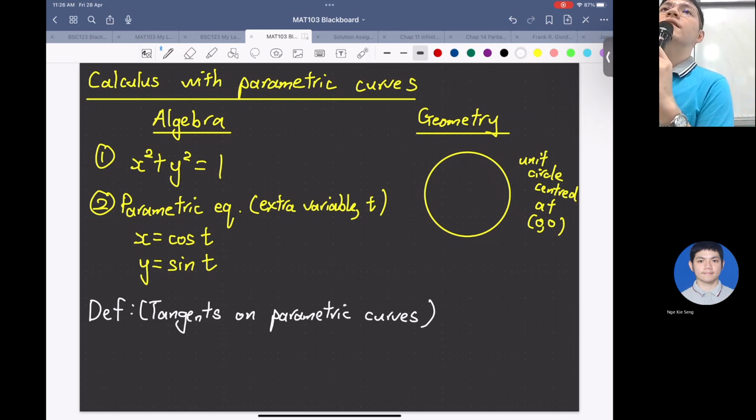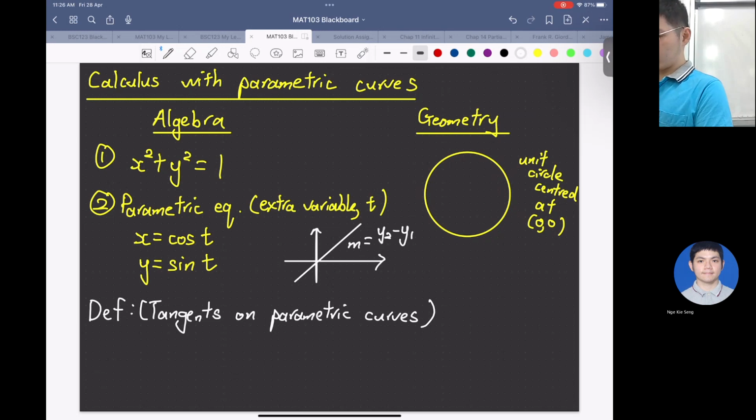The tangent of a straight line should be easy. It's just the gradient. When you take any two points, you get the ratio of the difference of the y coordinates and the x coordinates.